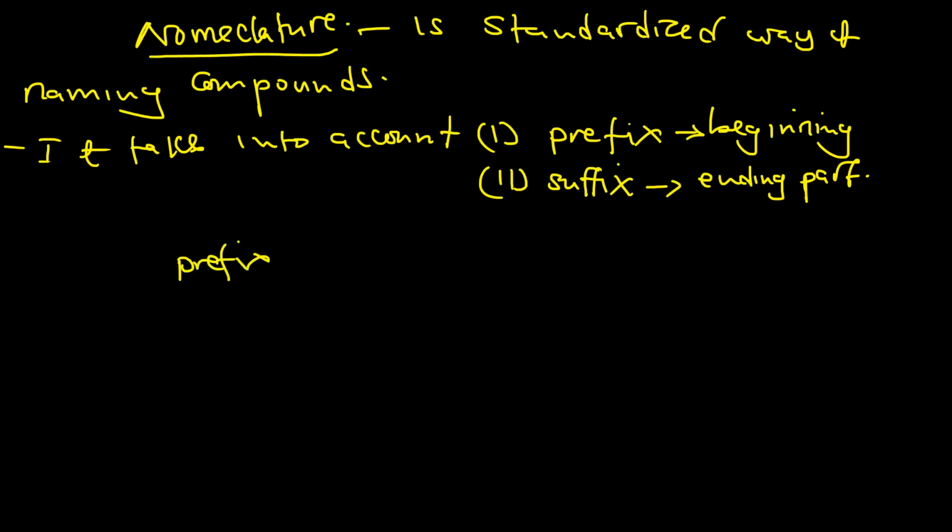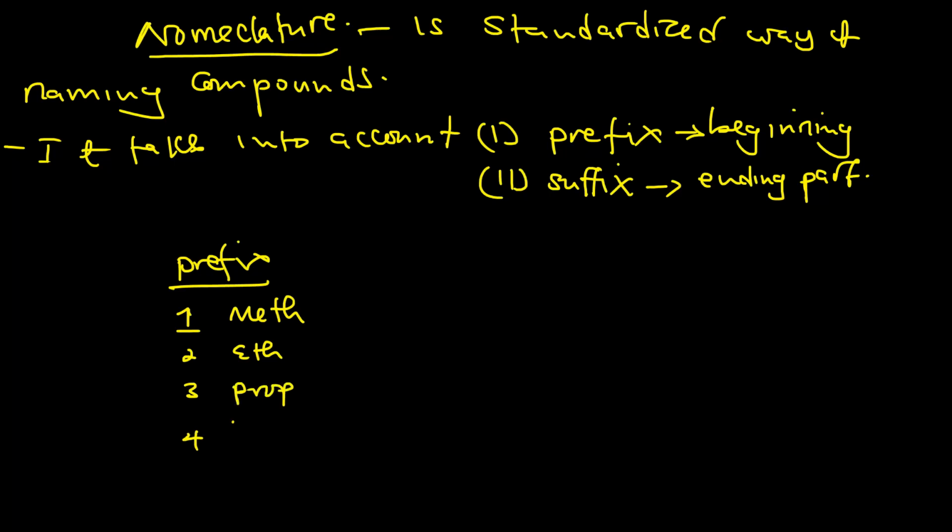So, examples of the prefix. We are saying it depends on the number of carbons. Let us start with carbon 1. This first part is the number of carbons. Carbon 1, what is the prefix? The prefix is meth. Carbon 2 is eth. Carbon 3 is prop.